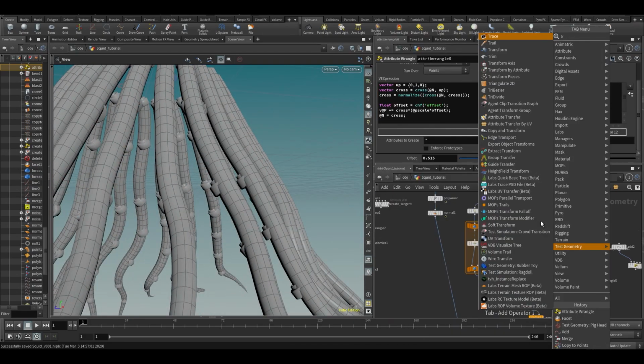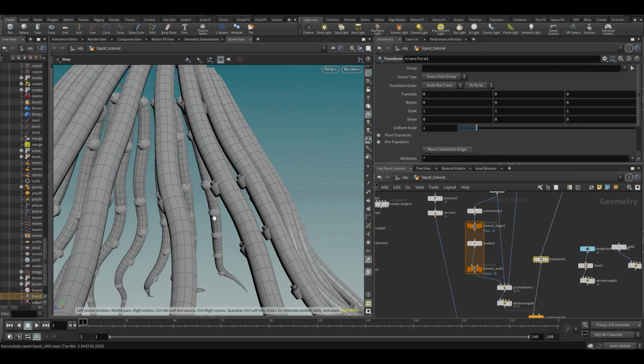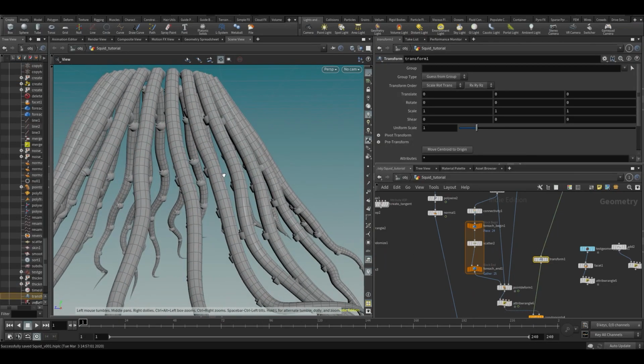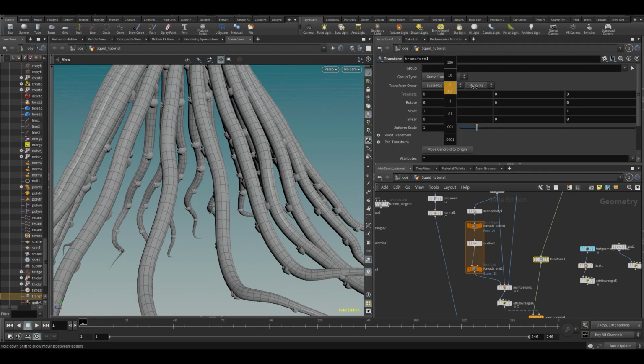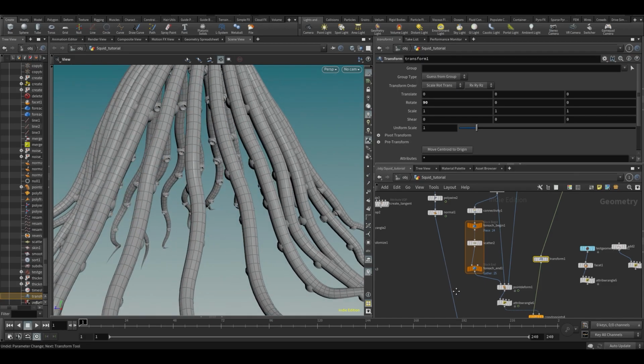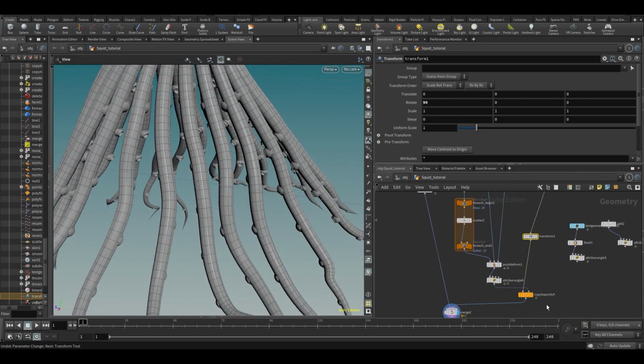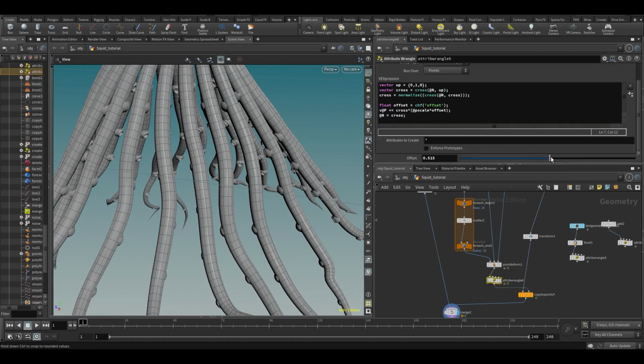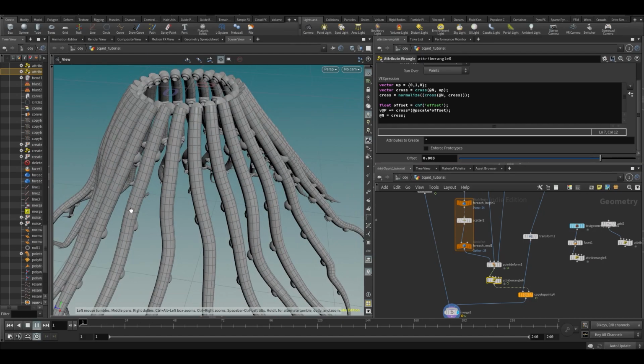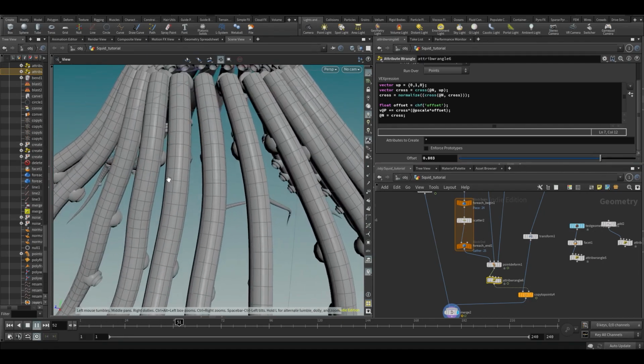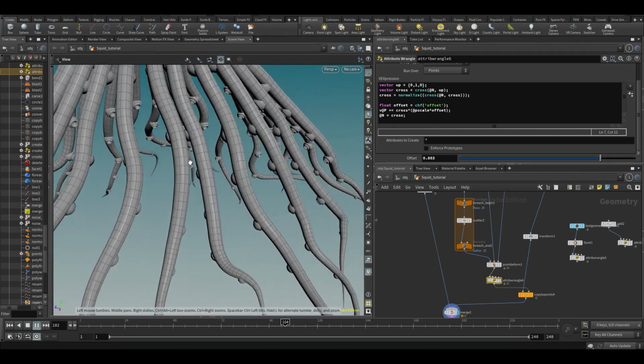And then we need to sort of transform our original thing to sort of match our orientation. Something like that. Let's offset our thing a little bit more. And let's play. Yeah, this is looking good.